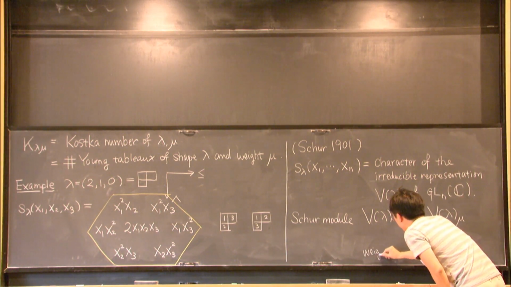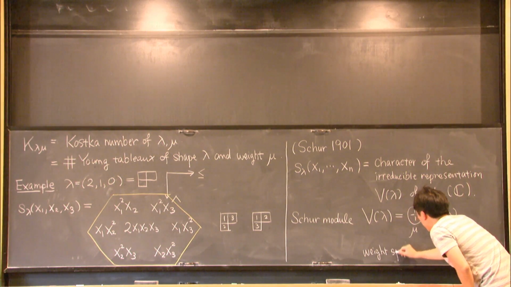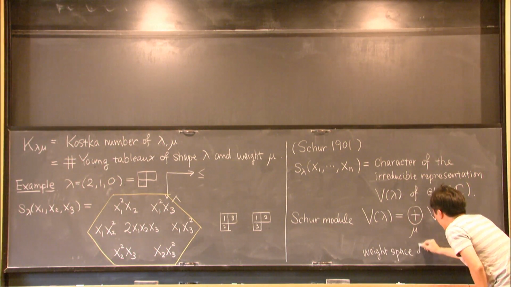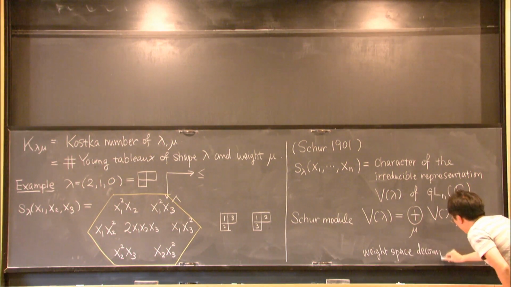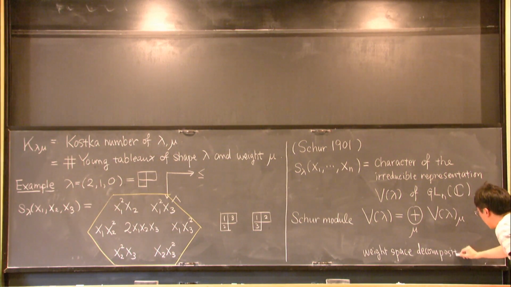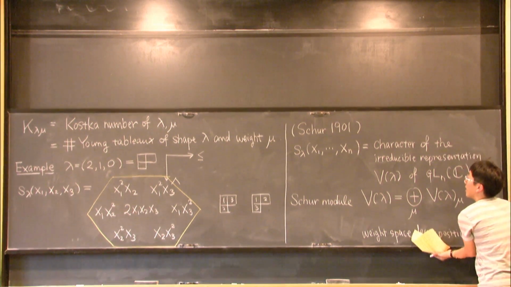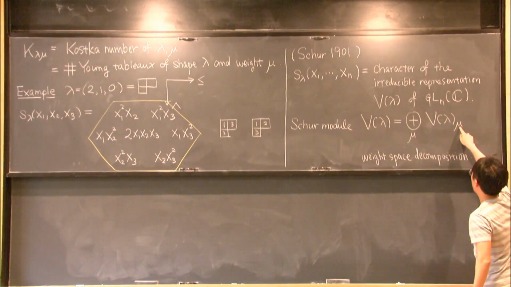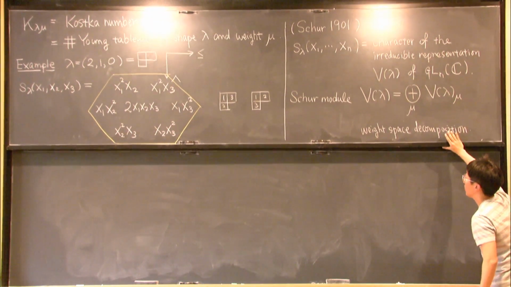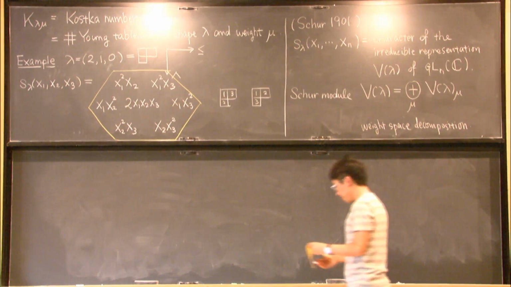And this is the weight space decomposition of V lambda, where each V lambda sub mu is an eigenspace for the torus action, where eigenvalues are attached to mu, or x to the mu.